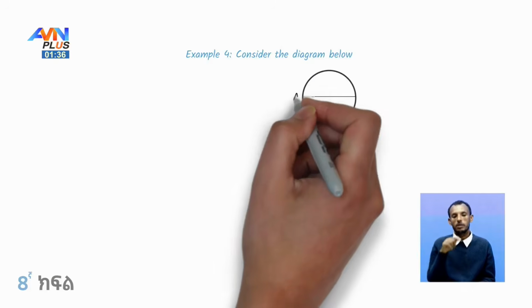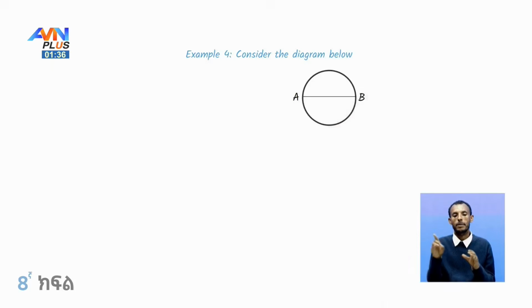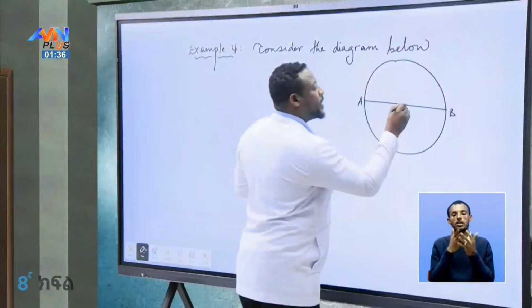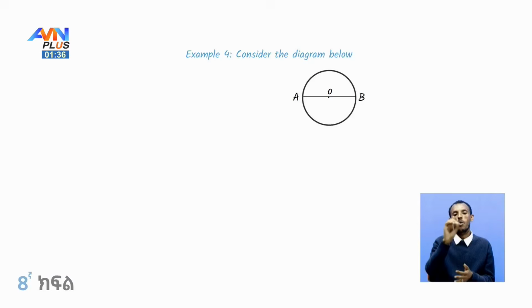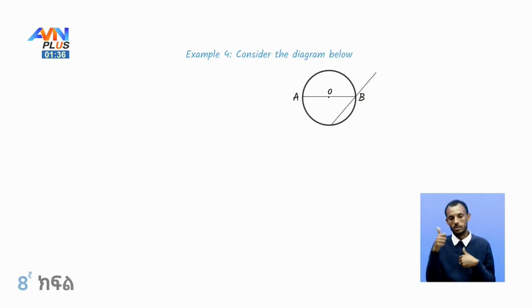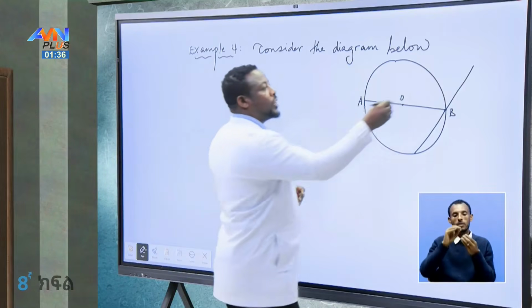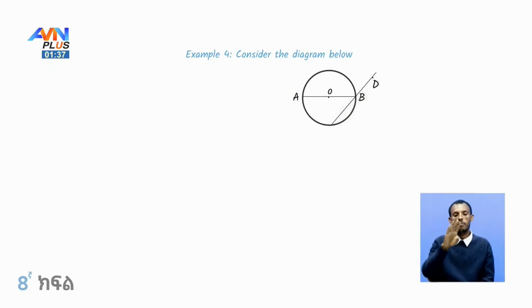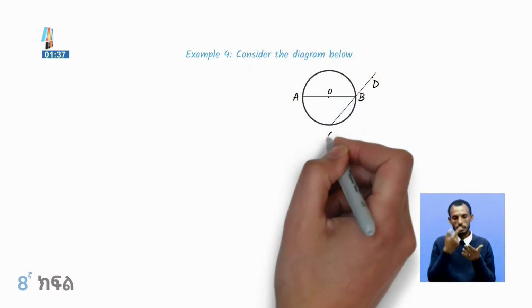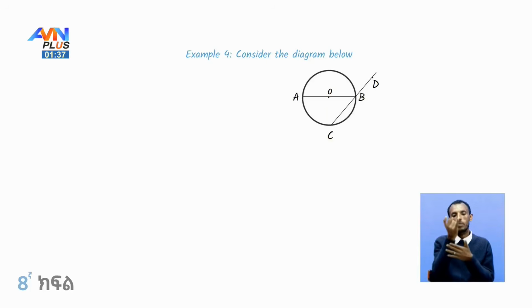Say this AB is a chord passing through the center O, and assume we have a line that is extended to some point D, because B is already given here. Say this point is C, and construct a line segment joining A and C.